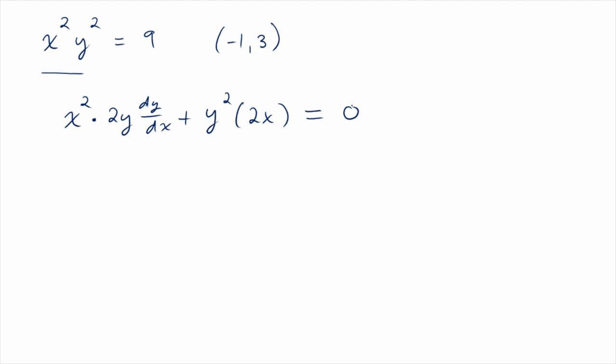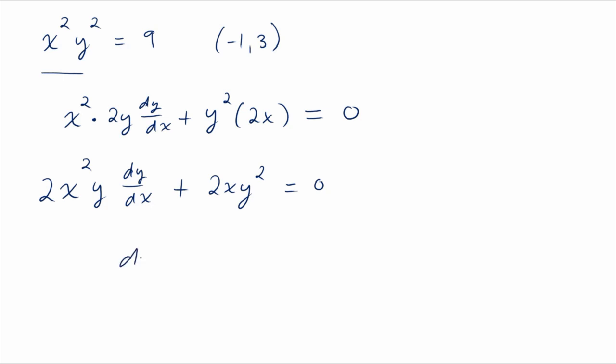Simplifying, we get 2x squared y dy/dx plus 2xy squared equals 0.